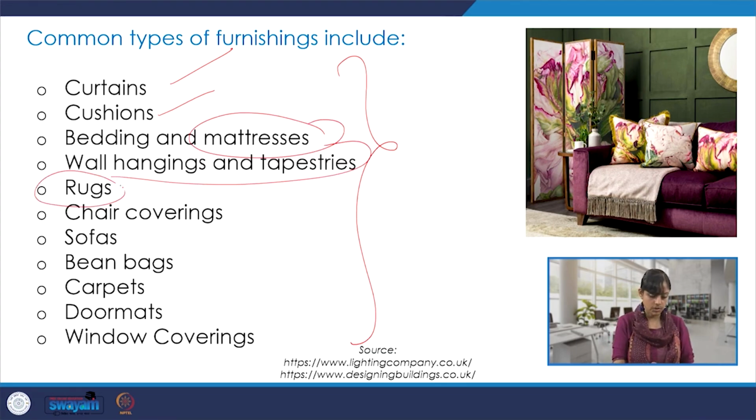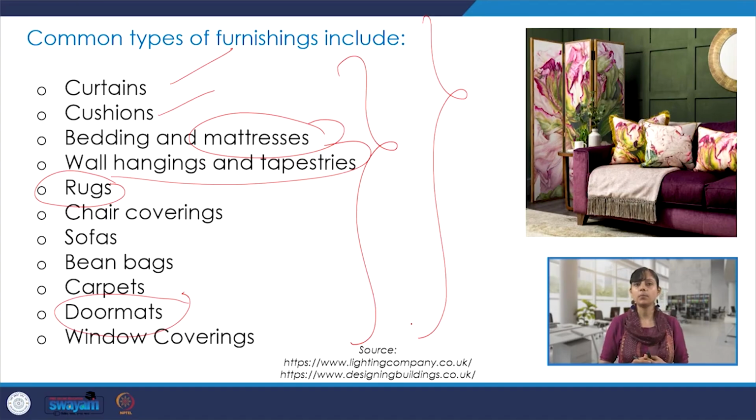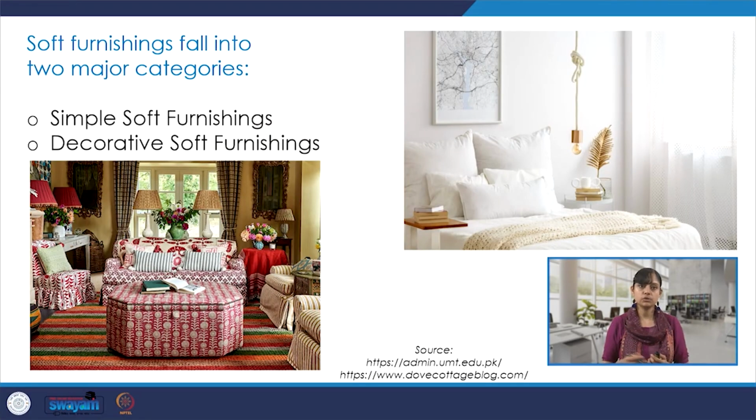I was just talking about rugs, some kind of chair coverings, your bean bags, carpets, even doormats. So all of these could be a part of furnishings, and they also play a very important role in value addition, functionality and aesthetics of your interior spaces. And the furnishings could be simple soft furnishings or decorative soft furnishings. You can see over here two examples.